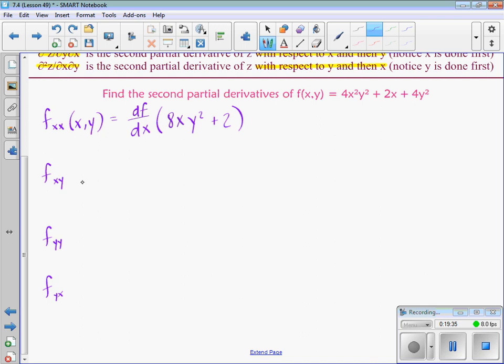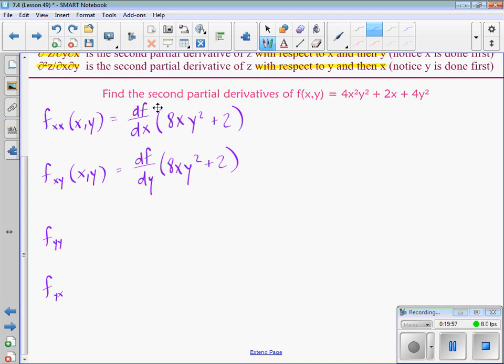Wouldn't that also be the first step for this one? But what I'm going to have to do to it is take the derivative with respect to y when I'm done with it. So let's just write that down so that I don't have to do that piece again. Now we're going to take the derivative of this with respect to x again.